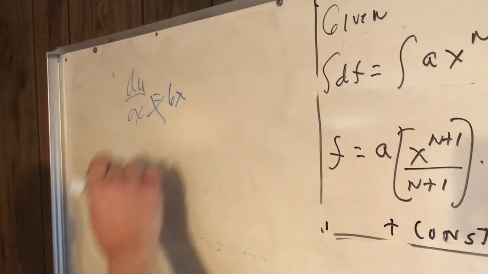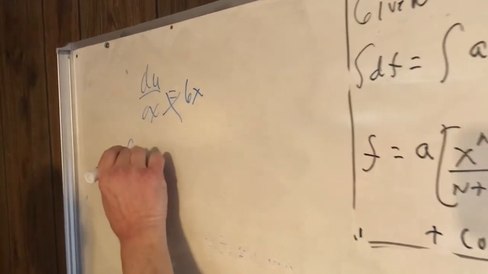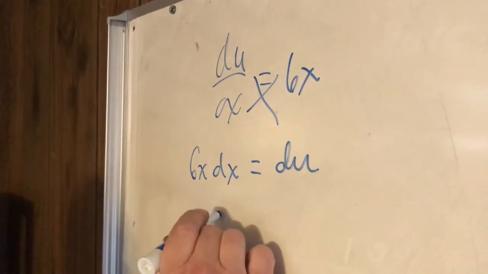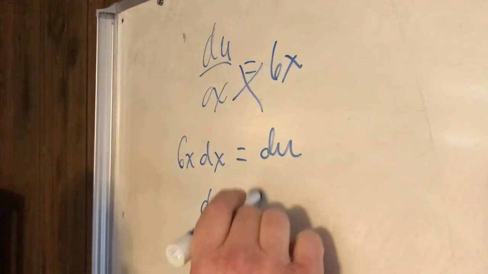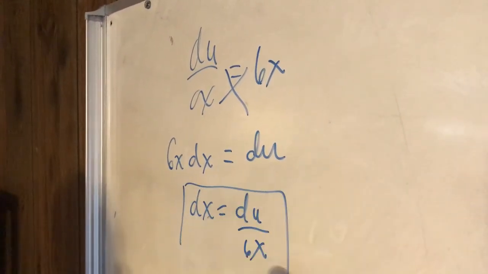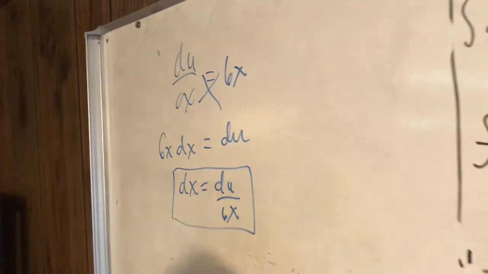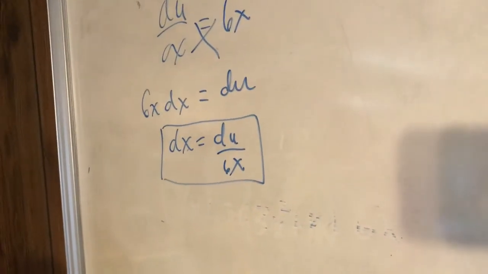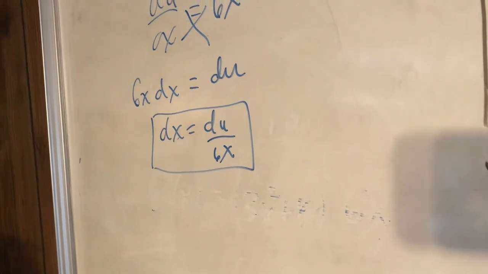I'm going to cross multiply. 6x dx equals du. I'm going to divide by 6x. I'm going to use these two terms, the ones that are in the rectangles. I'm going to use them to substitute in here.